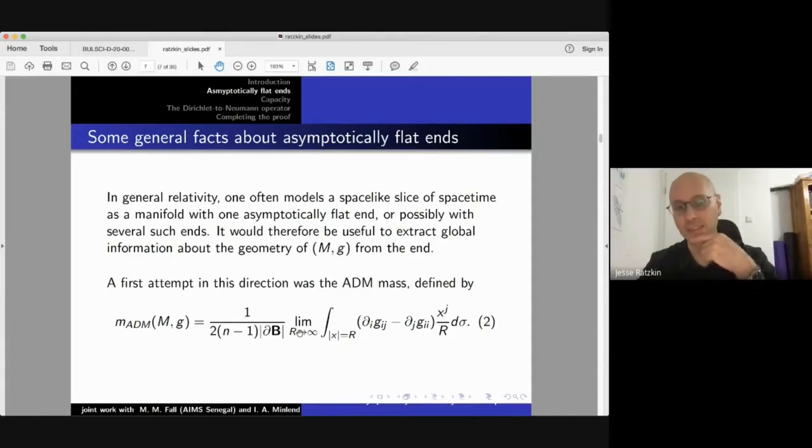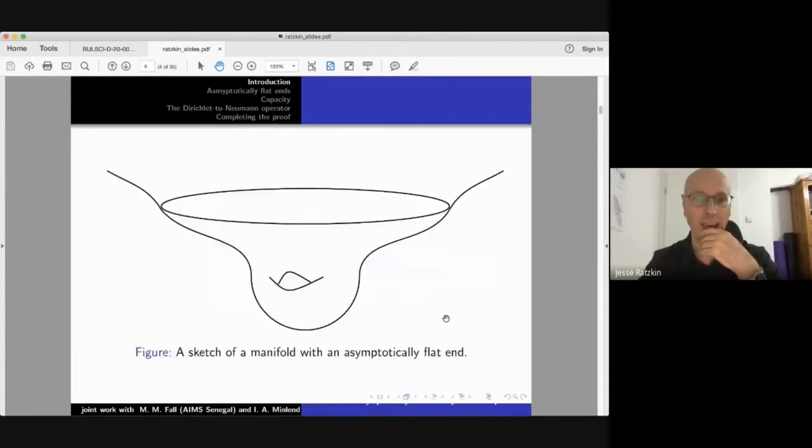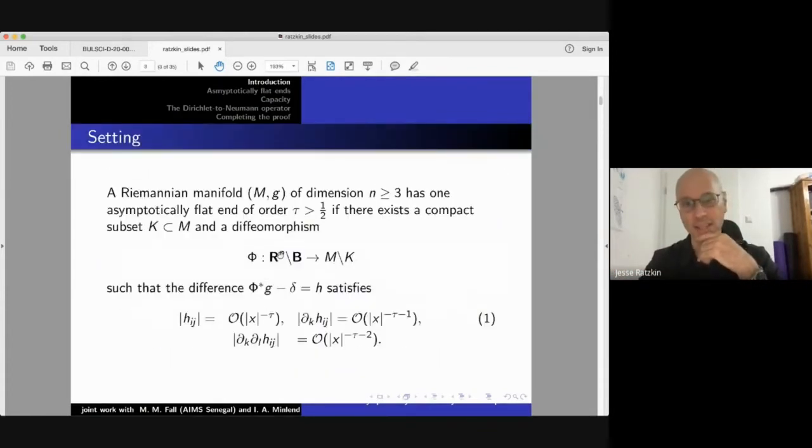Now, on the face of it, this looks a little bit random because it looks like it depends very heavily on your choice of these coordinates. So remember, I had a choice of some diffeomorphism here. And you might think, well, I could choose some different diffeomorphism. I could just rescale this diffeomorphism. I could translate it. I can do all sorts of things.